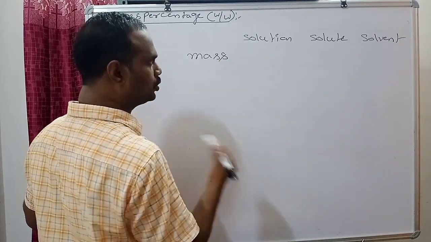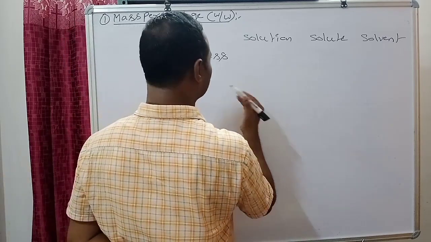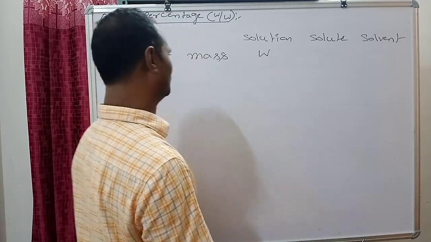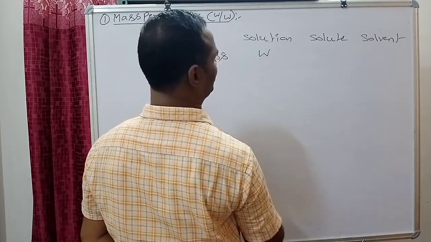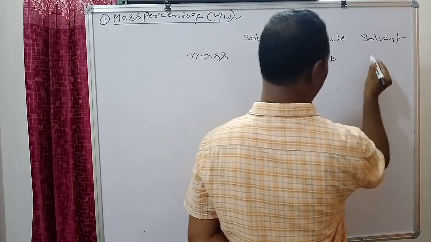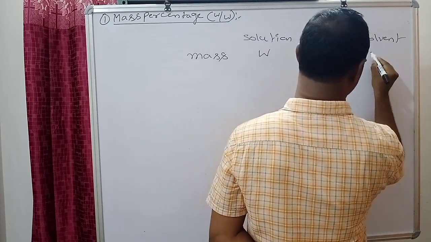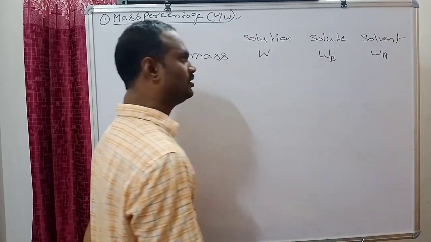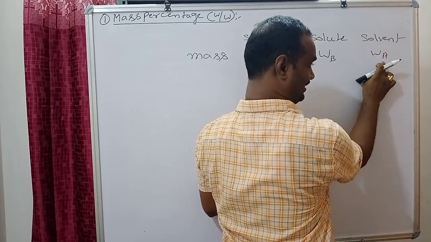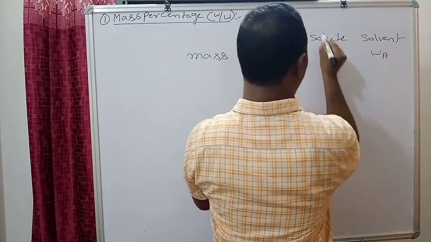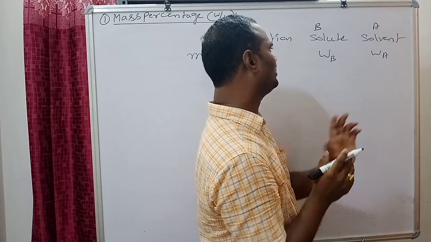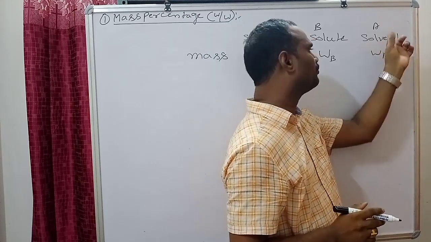What symbol are we using to express the mass? Generally W. In chemistry, weight and mass use the same symbol. Here mass of solution is W, mass of solute is W with suffix B, and mass of solvent is W with suffix A. Solvent is represented with A, solute with B. Why A is given to the solvent: generally the solvent is the larger quantity, that's why it gets the first letter.